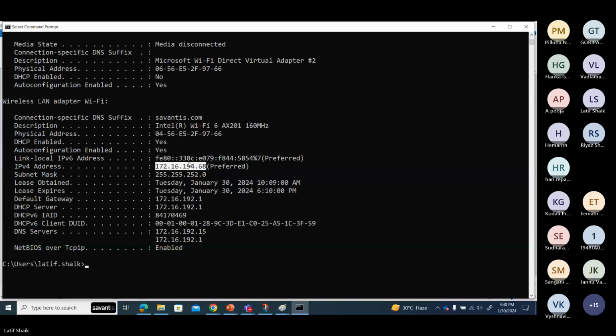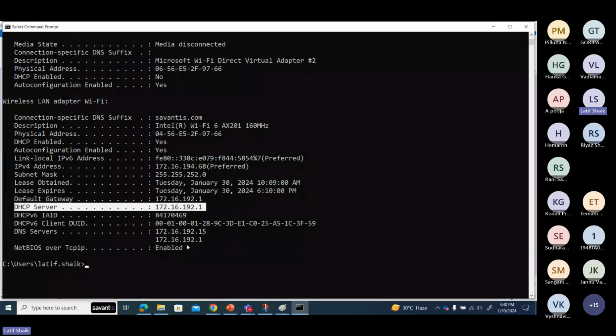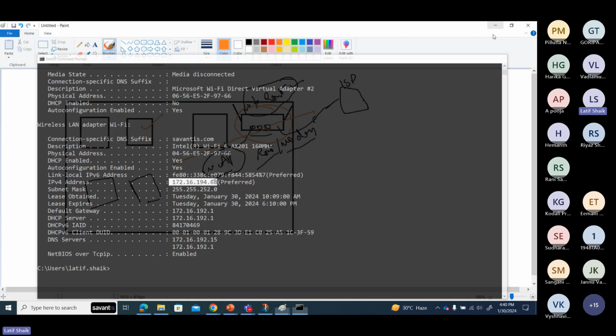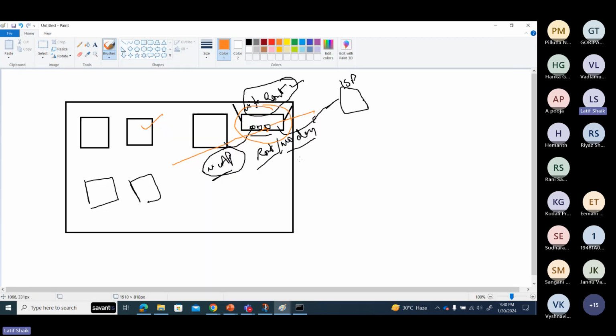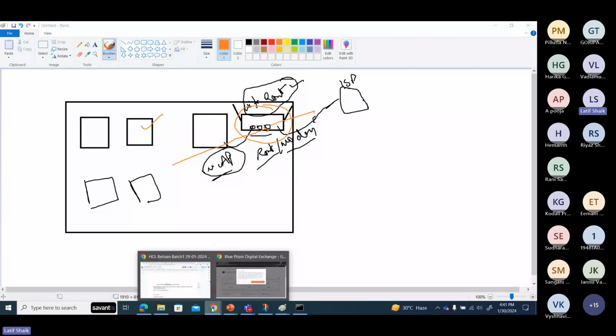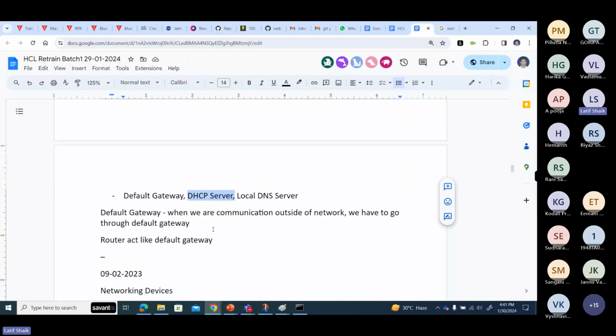By whom? DHCP server. So my DHCP server here is my Wi-Fi router. If I go to my home and open my laptop, I will get some other IP address, depending upon my home Wi-Fi router. So it acts like a DHCP server. DHCP server provides an IP address to the devices.